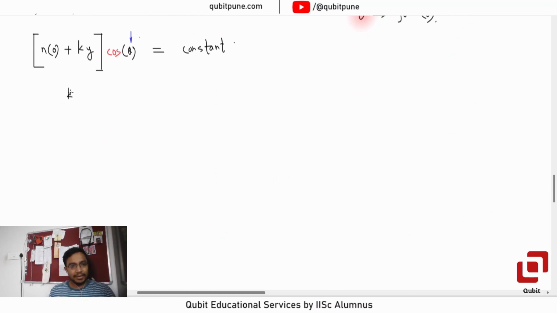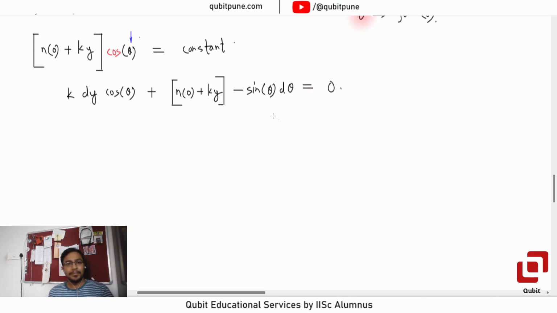Again differentiate, so k dy cos theta plus n0 plus ky into negative sin theta d theta equal to 0. Shift that negative term to the other side, so it will become positive.